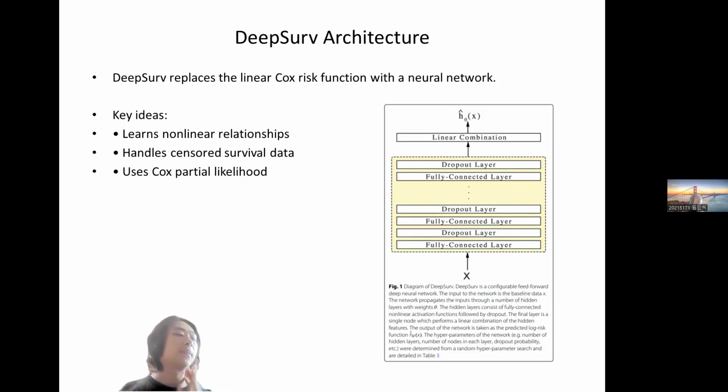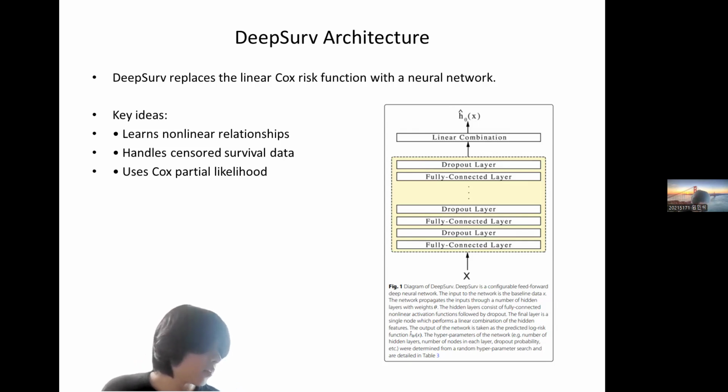Here we can see the overall architecture of DeepSurv. The input layer contains the covariates or features such as age, medical measurements, or behavioral variables. These inputs are passed through several hidden layers.